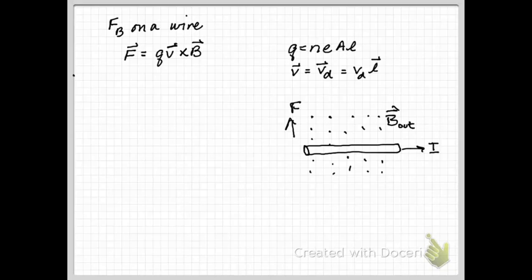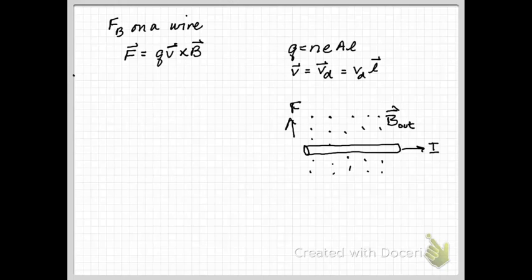And then we need to come up with a way to calculate this. And so we start with just the equation for force in a magnetic field, and we have F is QV cross B. And if you think about a wire, the amount of charge is going to be some number times a charge, just the charge on an electron, times the volume, which is cross-sectional area, times length.